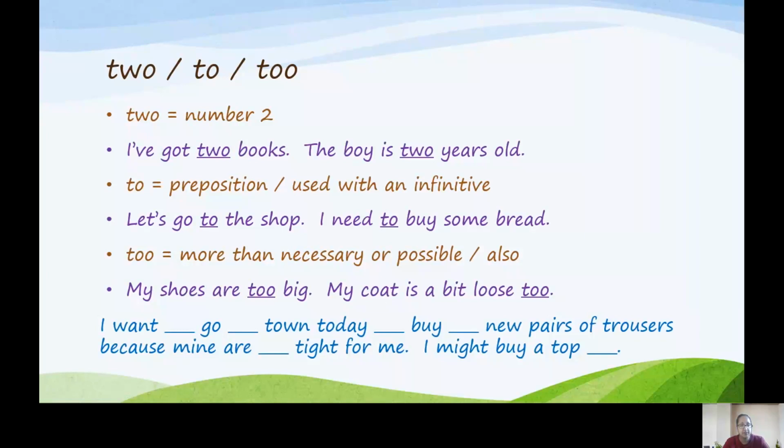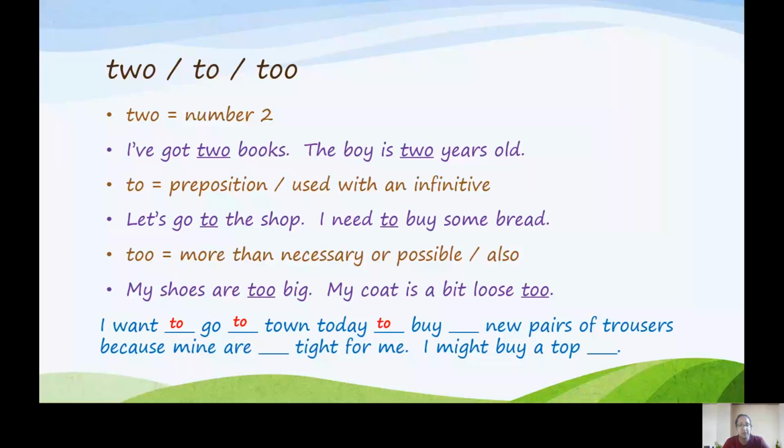So, I want to go. That's an infinitive. So, "to". To town. I want to go to town. That's the preposition "to". So it's "to". I want to go to town today to buy. Again, that's an infinitive.